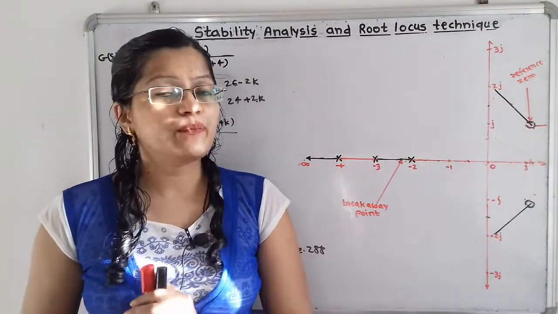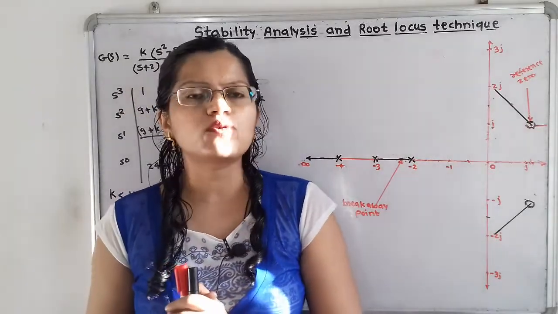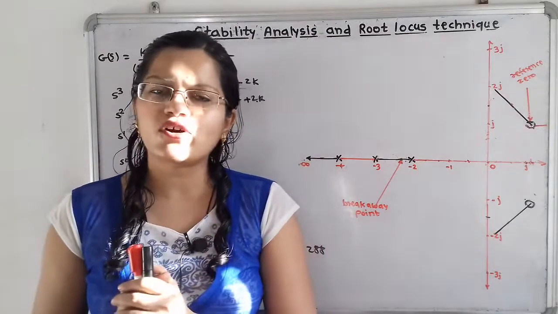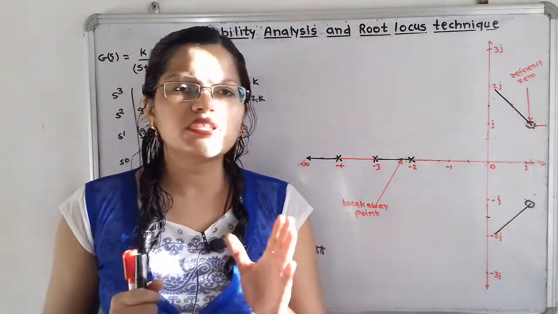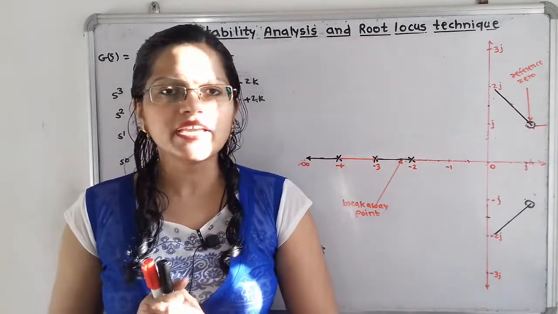To find out the point of intersection of branches with the imaginary axis, we have to take the auxiliary equation. If all the elements in one row of the Routh array are 0, then there is the formation of the auxiliary equation.